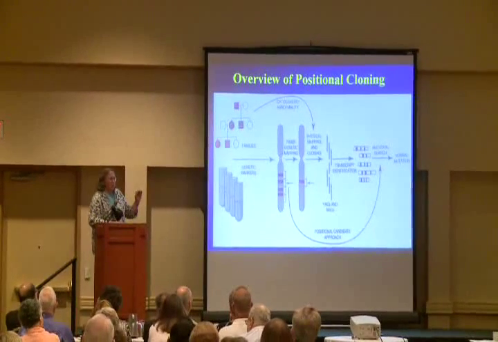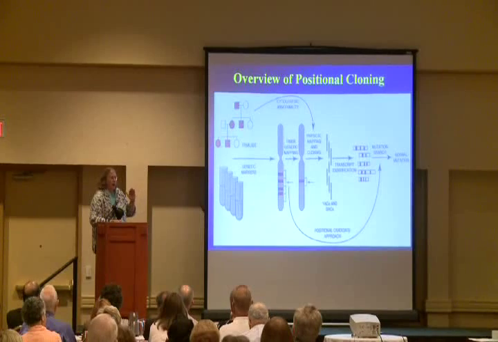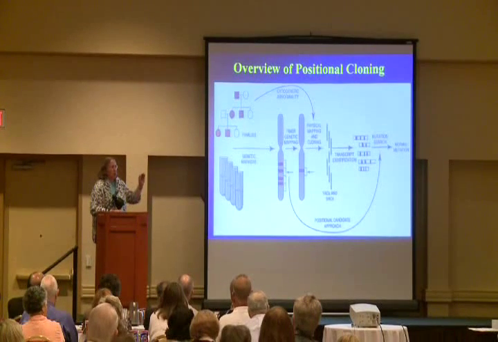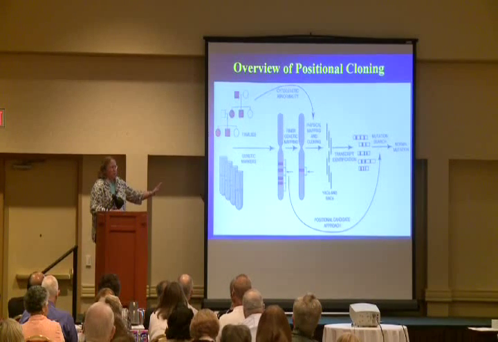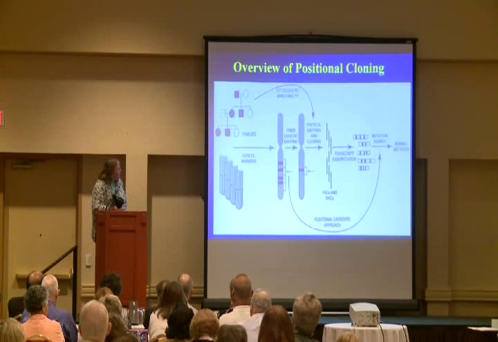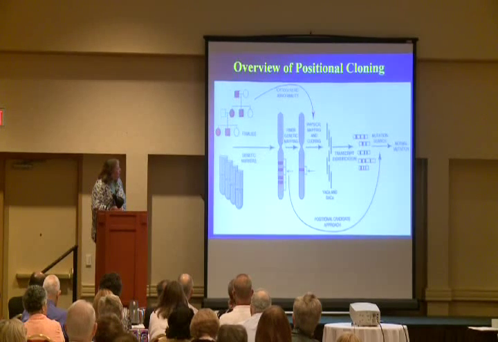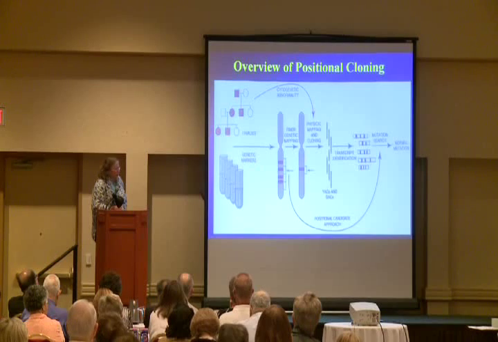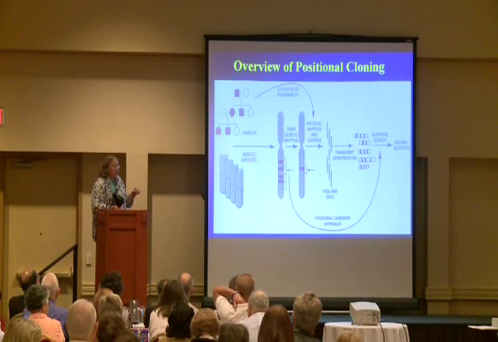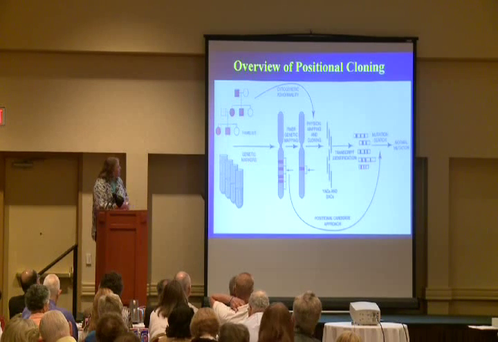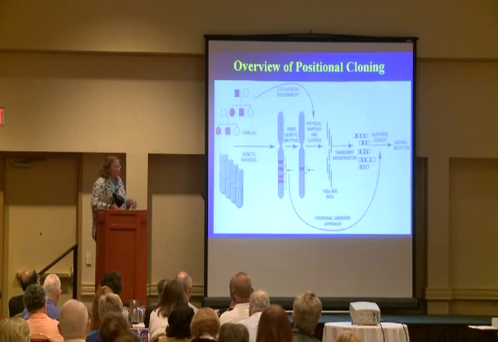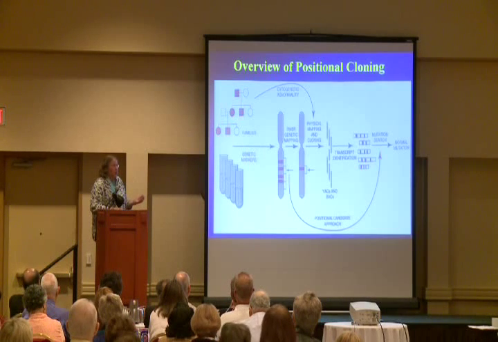So these are a series of variations that are at particular positions across all of the chromosomes. And because we know that they're at particular positions, we then ask, do we ever see any of these markers inherited together with the disease trait? And when we see that, we call it co-segregation.